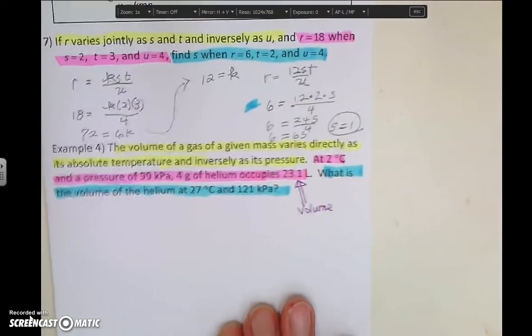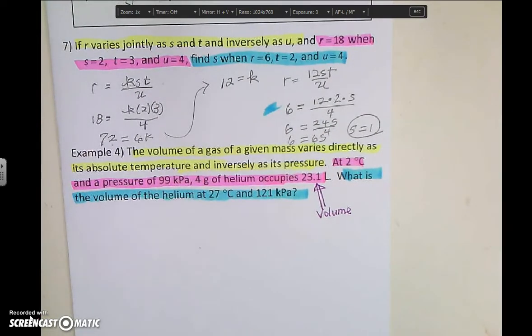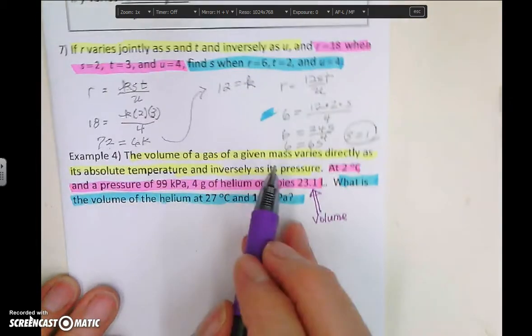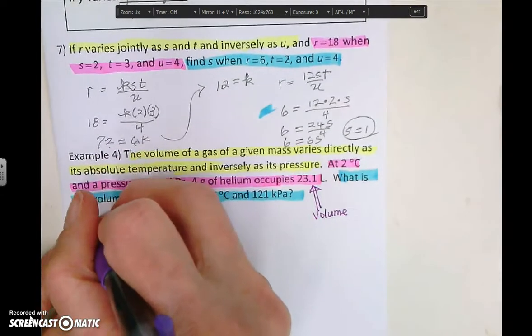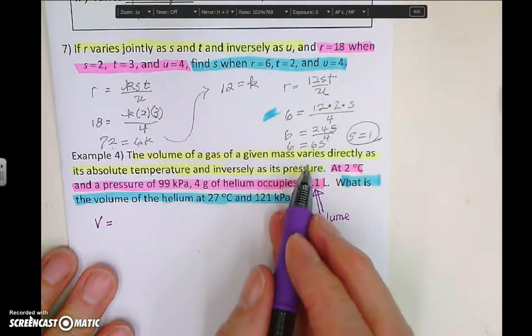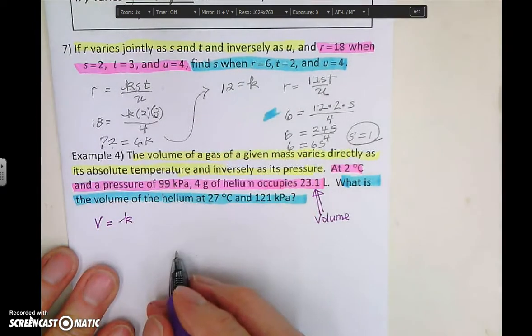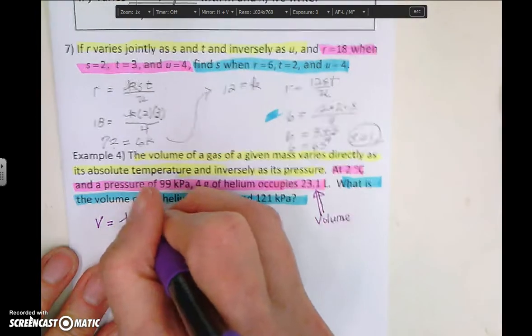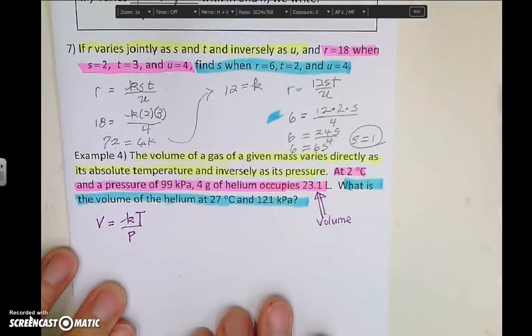Example 4 has got a lot of words, and it's not easy, but I just want you to see that even though it looks complicated, you can work through these problems that have the words varies directly in them. So the volume of gas, so V, I'm going to call volume, of a given mass varies directly, so equals K times its absolute temperature, so I'm going to use T for temperature, and inversely as its pressure.